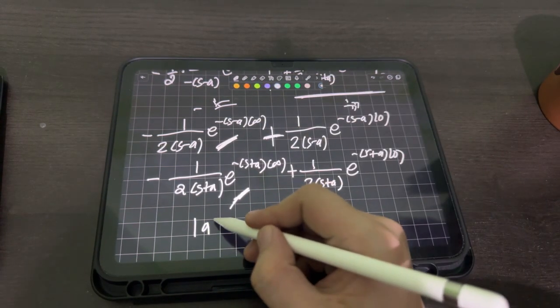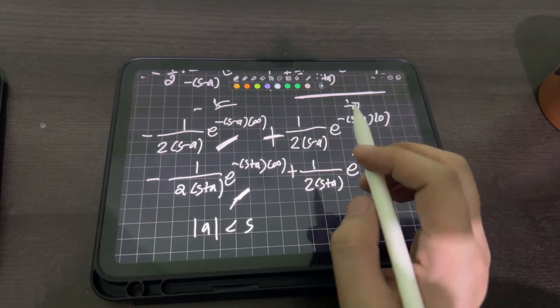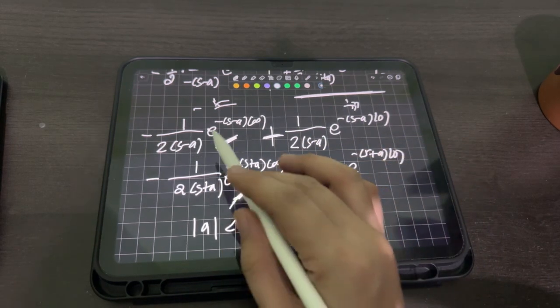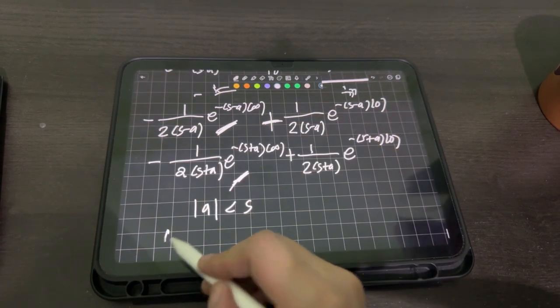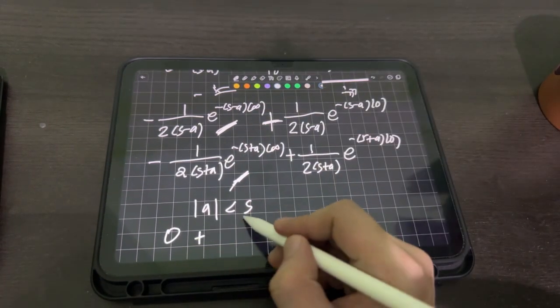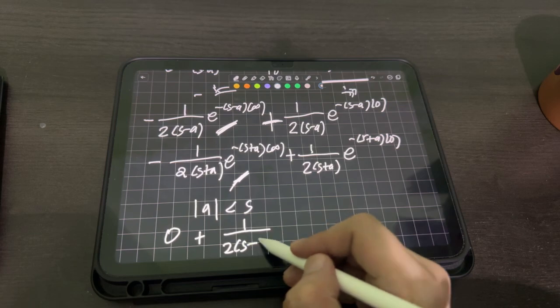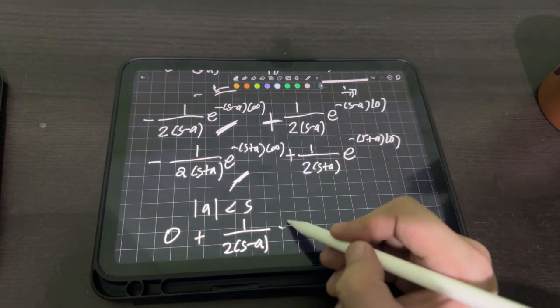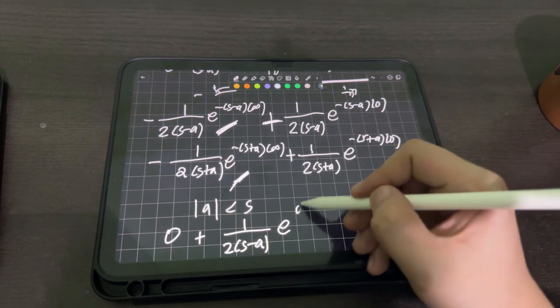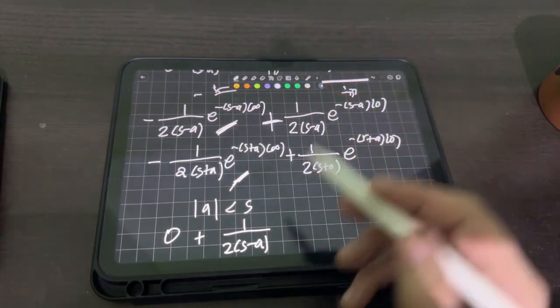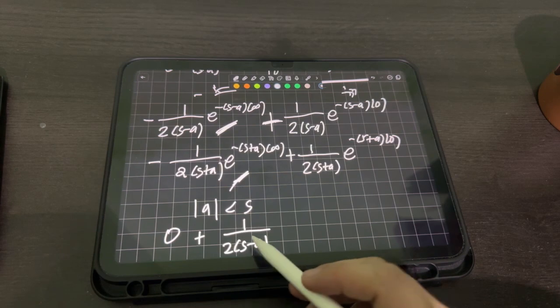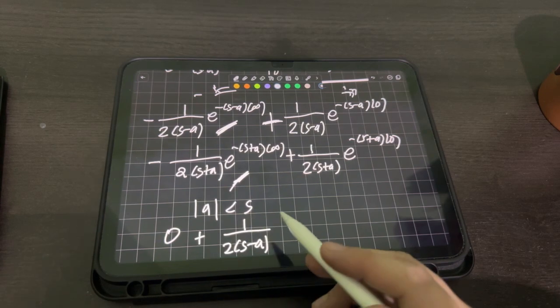So, absolute value of a should be less than s. These two terms will converge to 0, right? So, therefore, 0 plus 1 over 2 times s minus a, e raised to 0, right? But e to the 0 is 1, so it's just equal to 1 over 2 times s minus a.